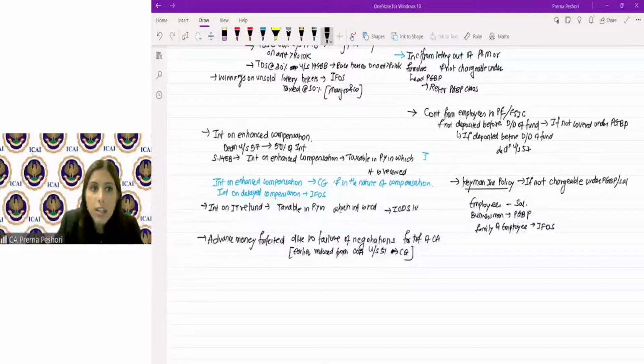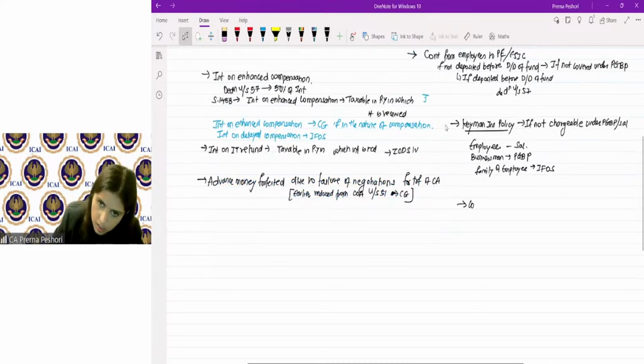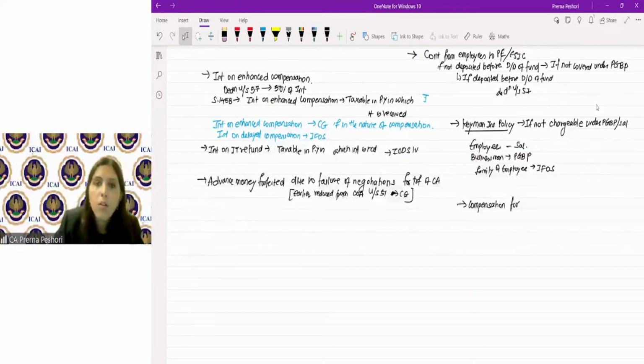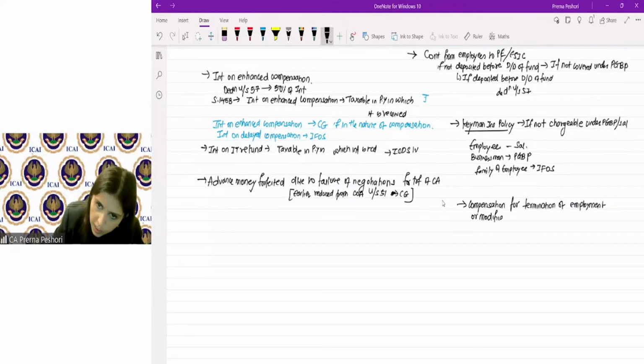Last one is compensation for the termination of the employment or modification in terms.